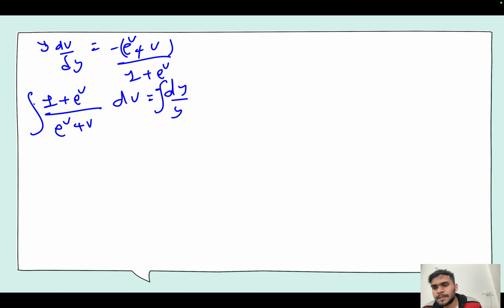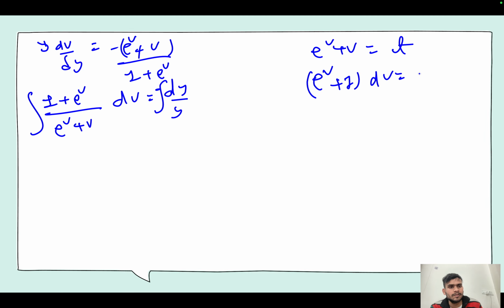As you can see, this is the derivative of this term. Okay, now e to the power v plus v, if we let it be t, then differentiate with respect to v, it will become e to the power v plus 1, dv is equal to dt.